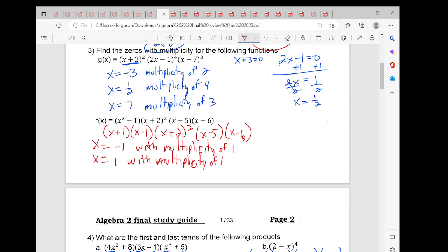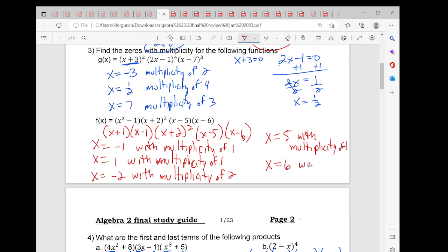Then I've got negative 2 with the multiplicity of 2. So then next I've got 5 with the multiplicity of 1. And then finally I've got 6 with the multiplicity of 1. And that's my answer.